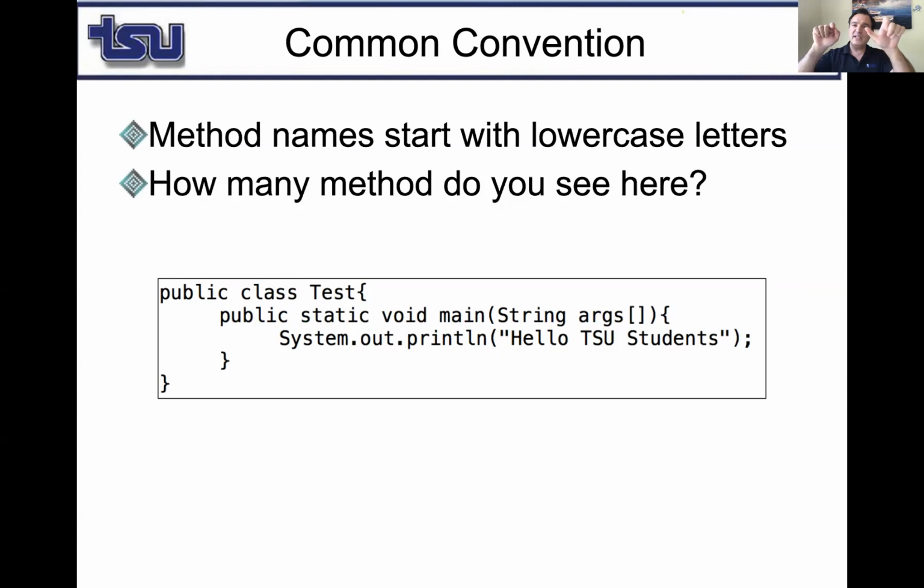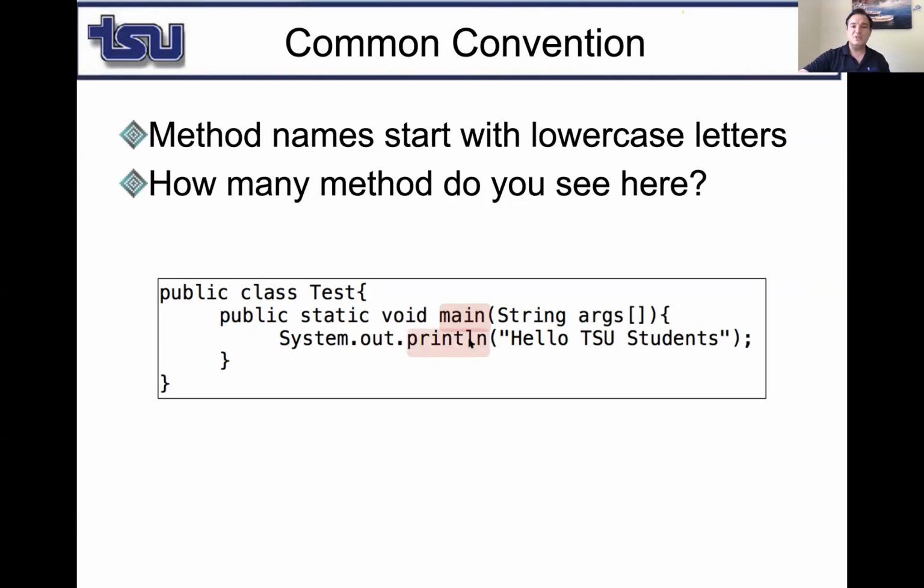If you are defining a method, you must have parentheses to define it, or if you are calling a method, you must have parentheses. And a method name starts with lowercase. For example, main is a method. How do I understand it's a method? Because I have parentheses here, opening and closing. And main method, as you see, M is lowercase because that's the common convention for methods.